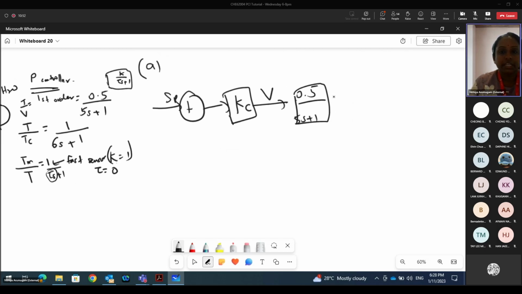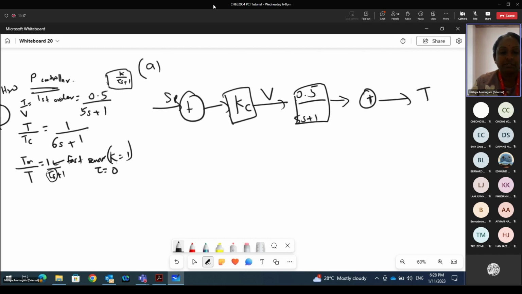Now here the portion at which the outlet of the valve will be, at this point the information will be identified, and then the outlet will be the measured value. We call it as T.